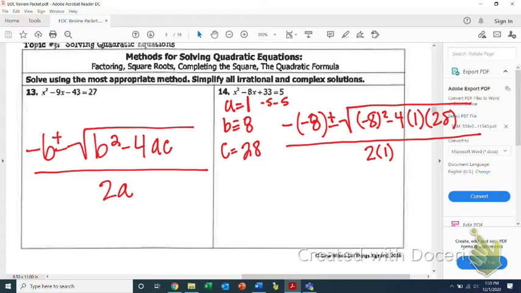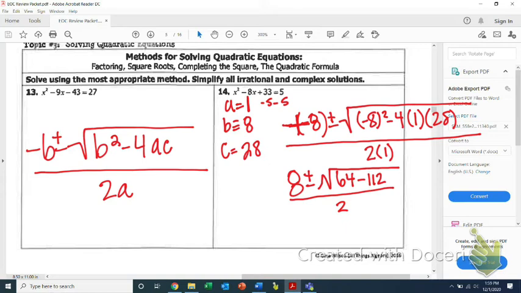So if you notice, I've used parentheses every time there's a letter in my equation when I'm plugging in for a value. Okay? On this first one, these two negatives make a positive. So we have 8 plus or minus the square root of 64 minus 112 all over 2.